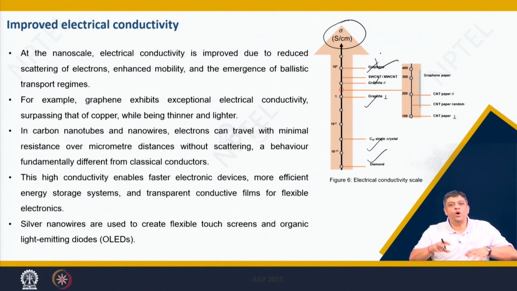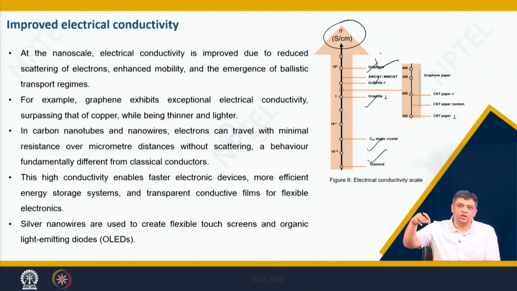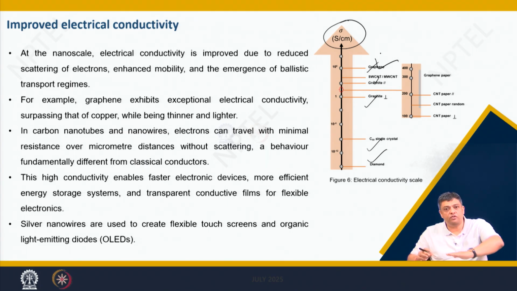It is only how you are arranging the carbon. Are you talking about a tubular morphology, that is carbon nanotube, or planar morphology, the graphene, or the Buckminster fullerene, which is more like a football like spherical arrangement of carbons? Just going from one arrangement to the other, you can change the conductivity of these structures.